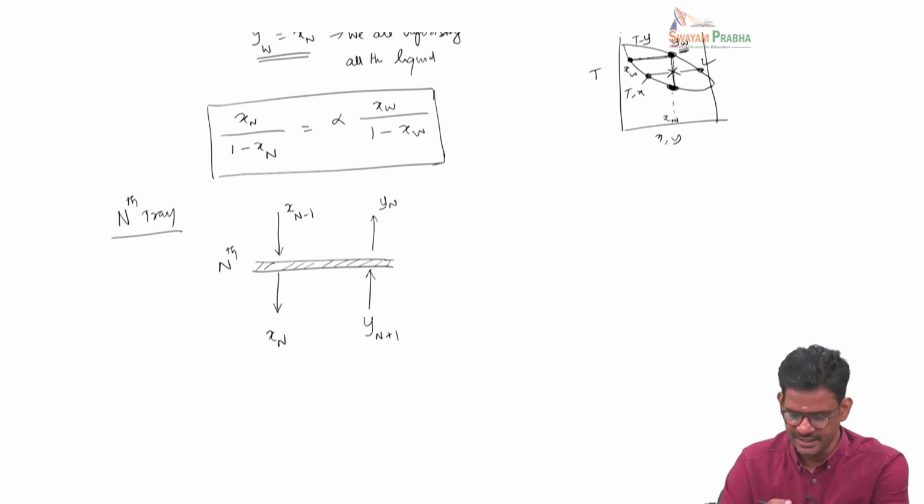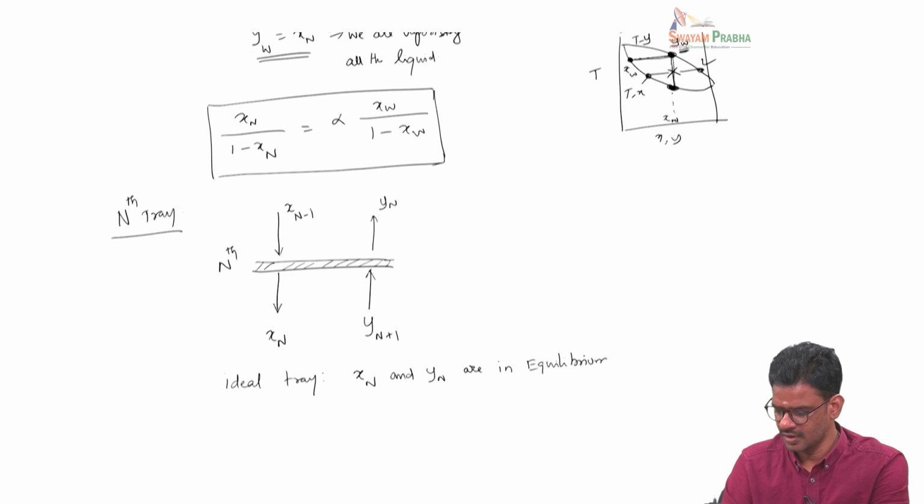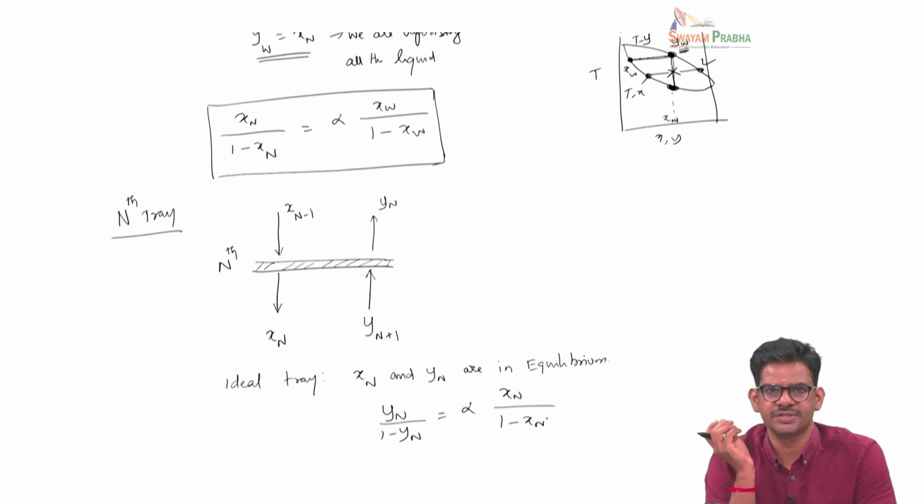Since this is an ideal tray, Xn and Yn are in equilibrium, which means that Yn must satisfy this condition, because we are assuming a constant relative volatility to relate the vapor and liquid compositions.